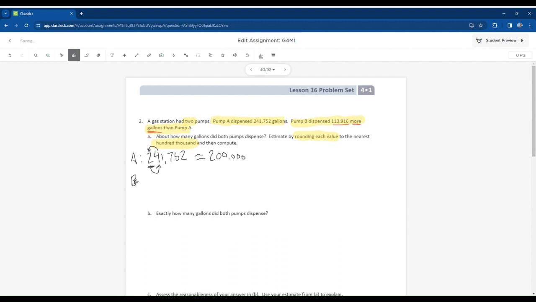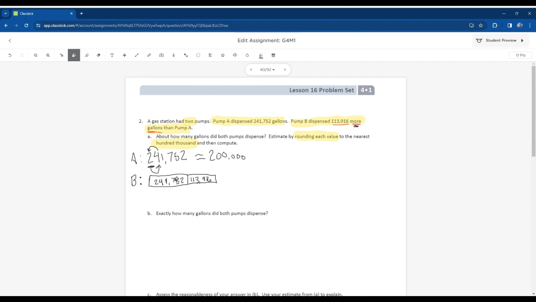Now, Pump B is a little bit tricky here because it's not just 113,916 the way I did with Pump A. It says 113,916 more gallons than Pump A. So to use a tape diagram for that, Pump B dispensed the same amount as Pump A, which is the 241,752, and then some more. 113,916 more than Pump A, which means the same amount as Pump A and then a little bit additional.